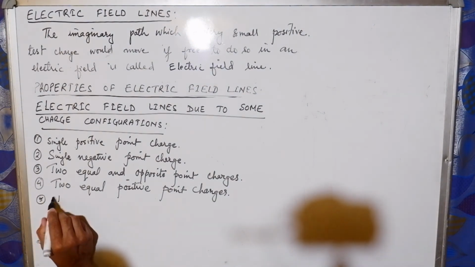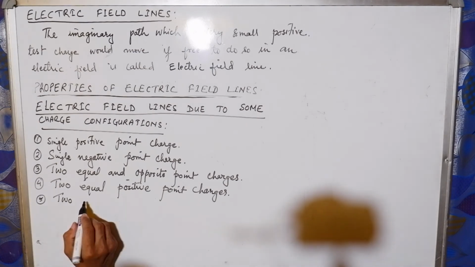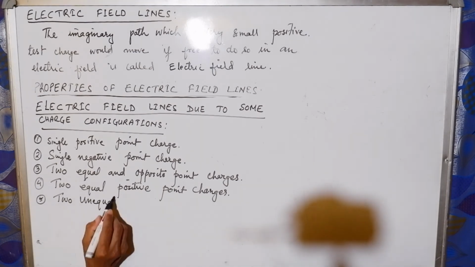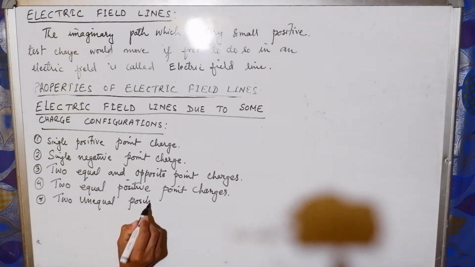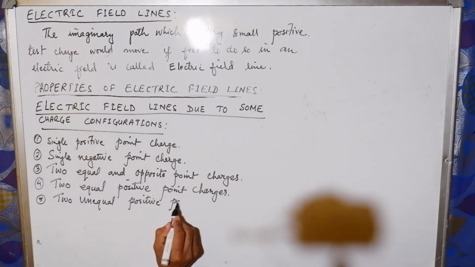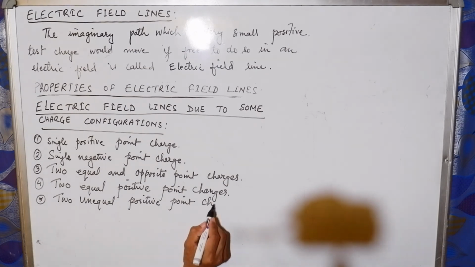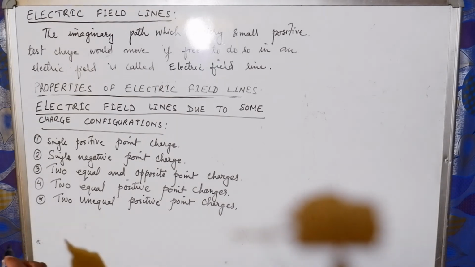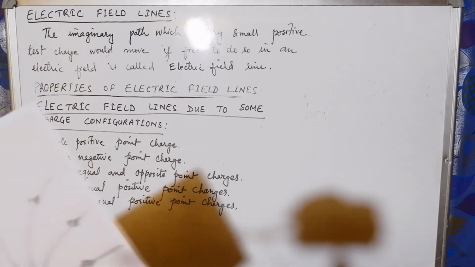Number 5, 2 unequal positive point charges. So in that case, the diagram will look like here.